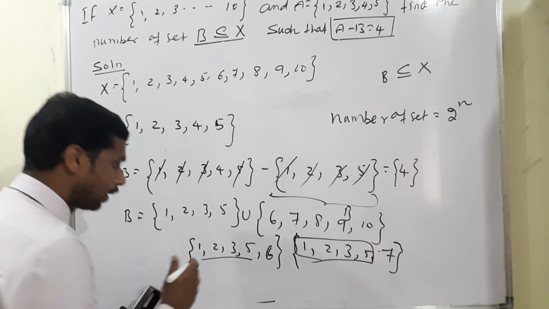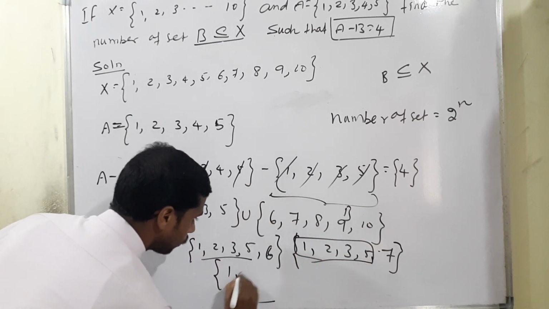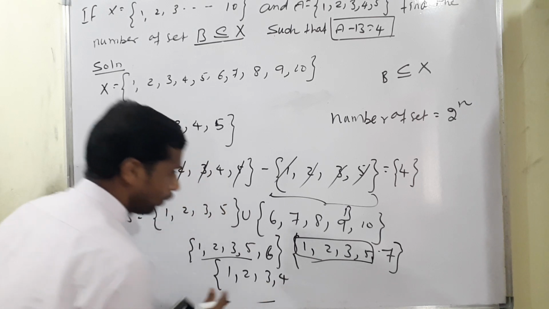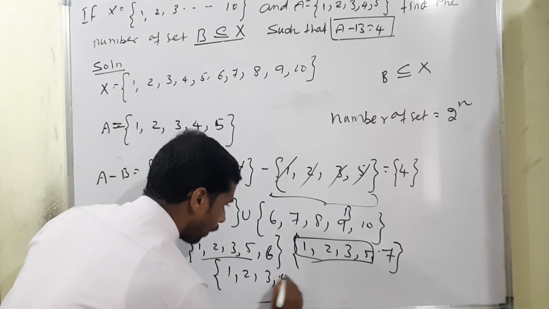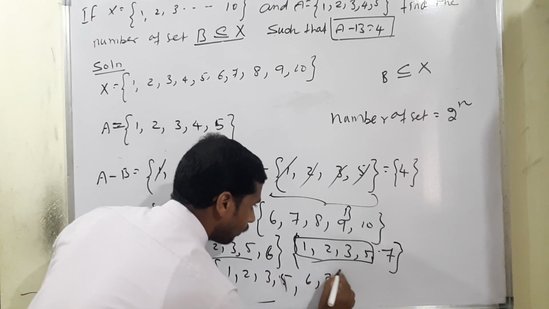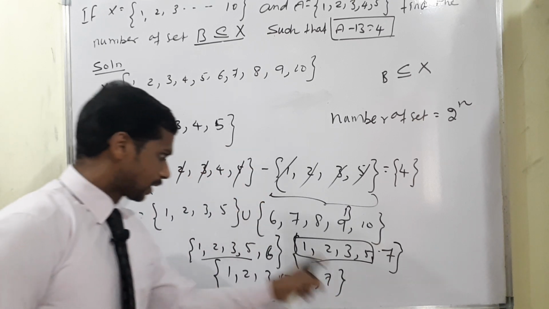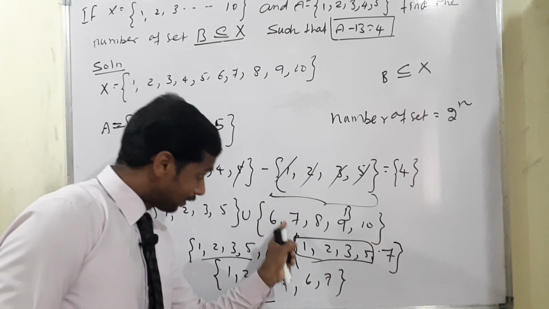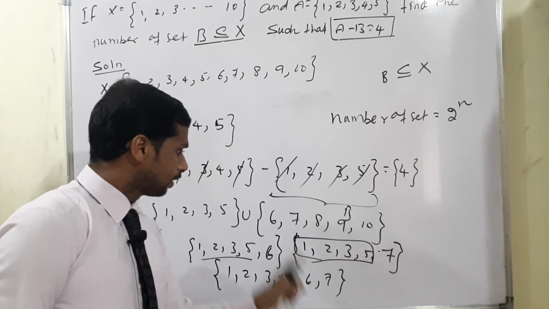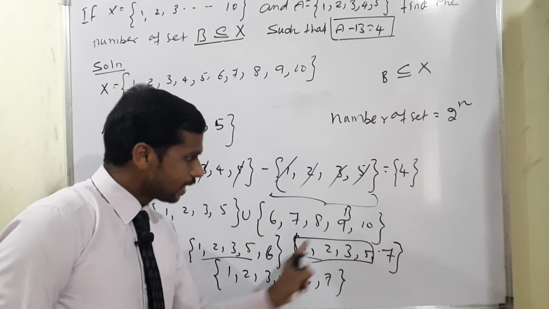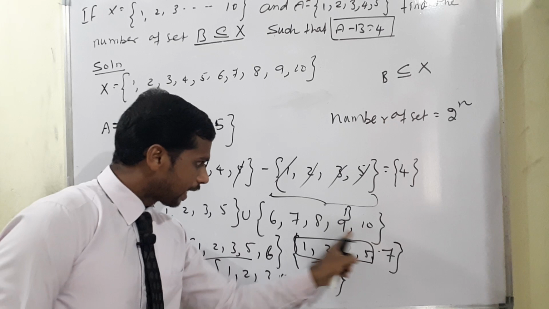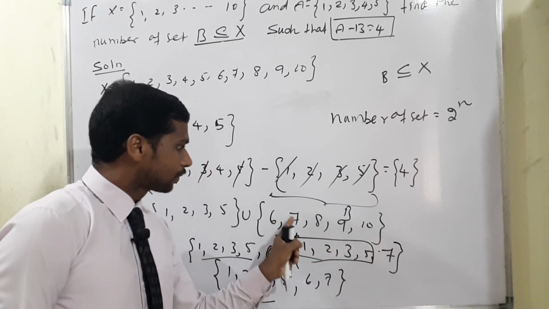Once again after getting single digits, there is another set 1, 2, 3, 5, not 4. Then we can say 6 and 7, two digits. So 6, 7, then 7, 8, then 8, 9, then 9, 10, again 6, 7, 8 three digits, then 6, 7, 9, then 6, 7, 10, as well as 7, 8, 9.